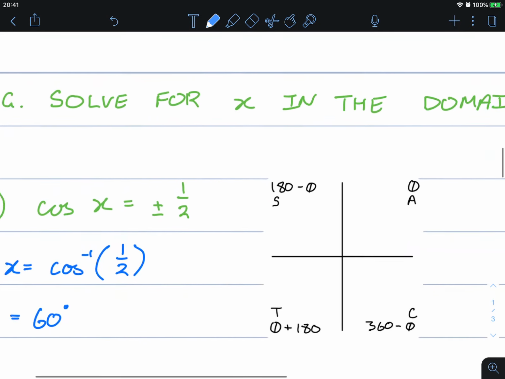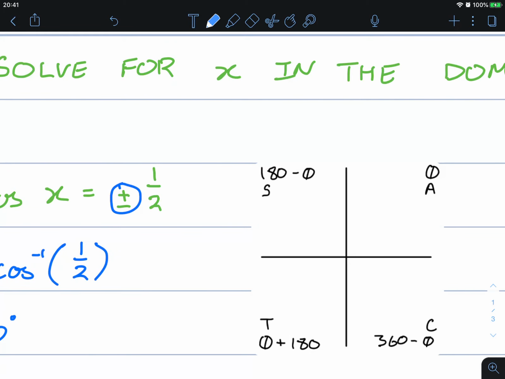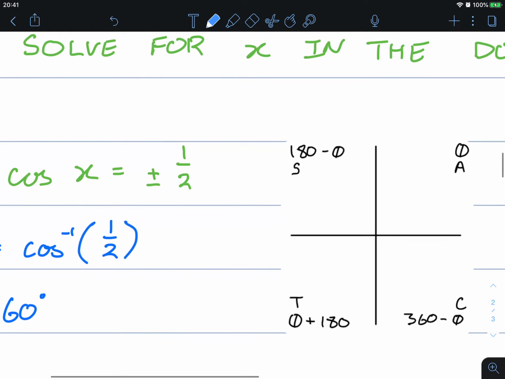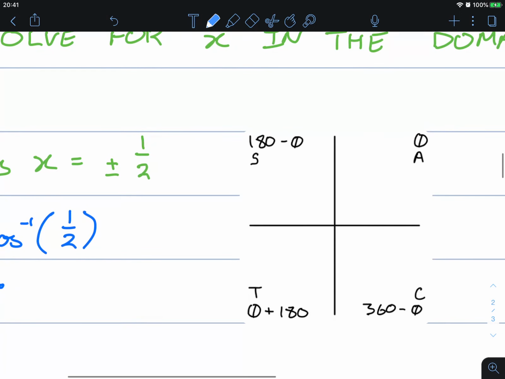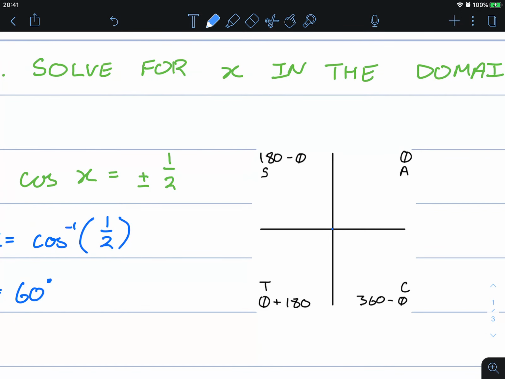However, because we have plus or minus half, this tells us that we could have more answers. Oh, sorry, actually, let me illustrate it here. So this angle here of 60, when we draw our triangle, this length here is 0.5. Because remember, cosine is the adjacent to this angle.